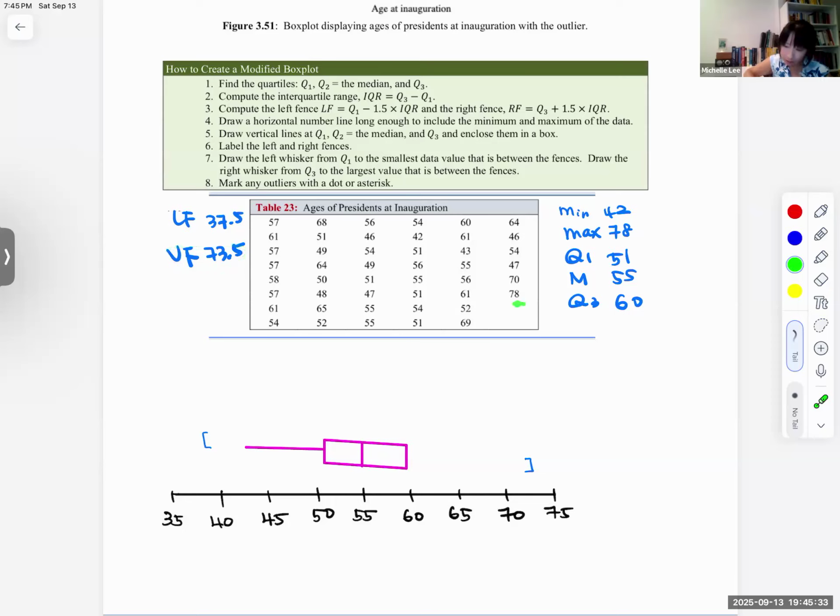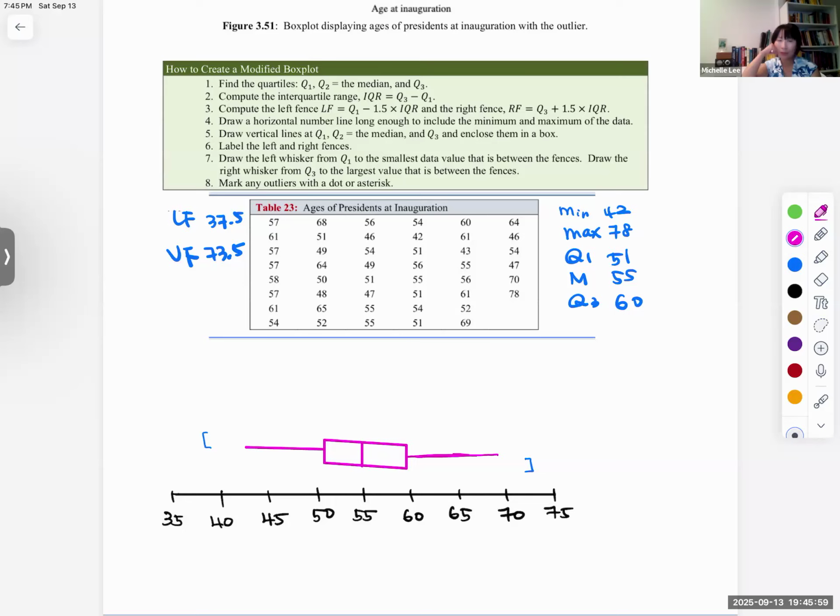You said 73? 70? What else, right? So 70, right? So we draw the whisker until 70. Make sense? Sorry about that, it's not straight.